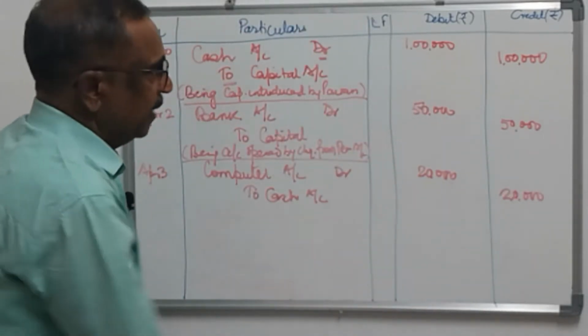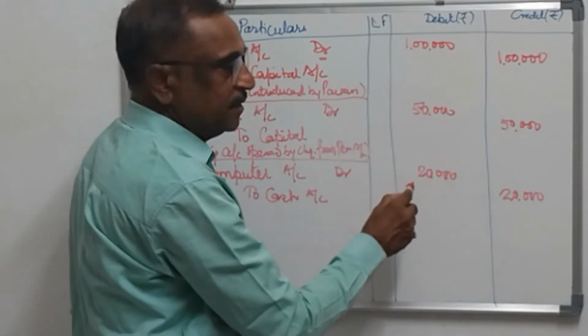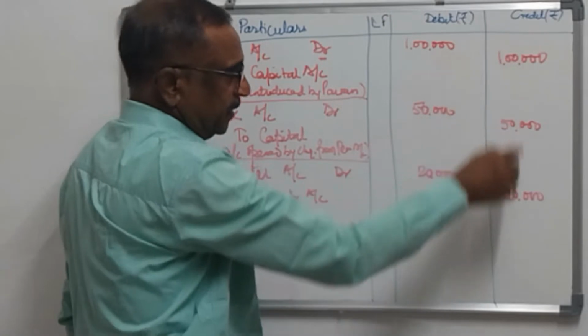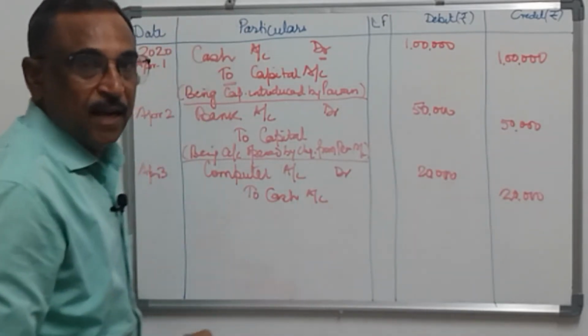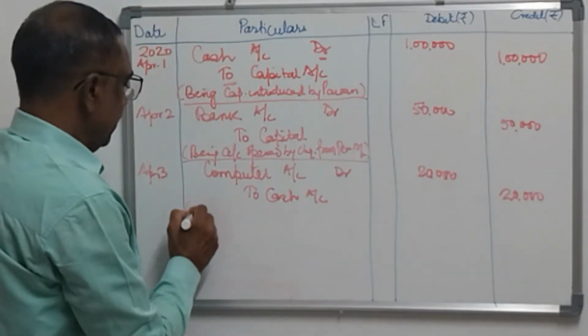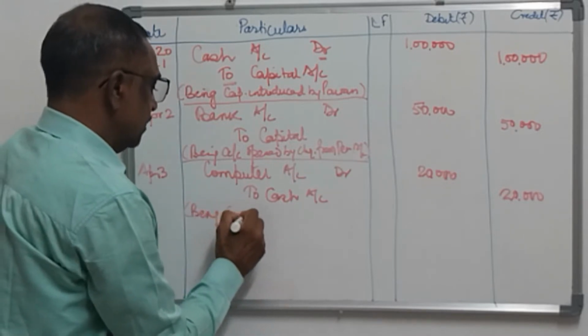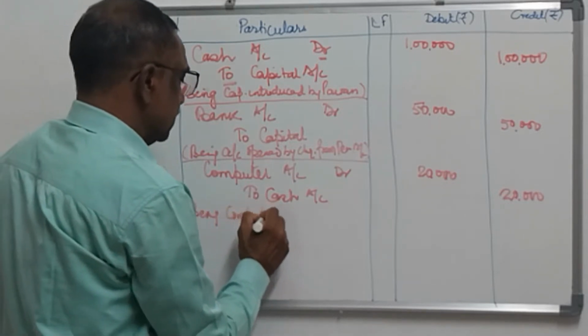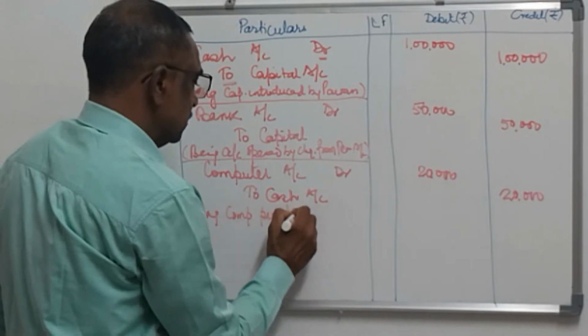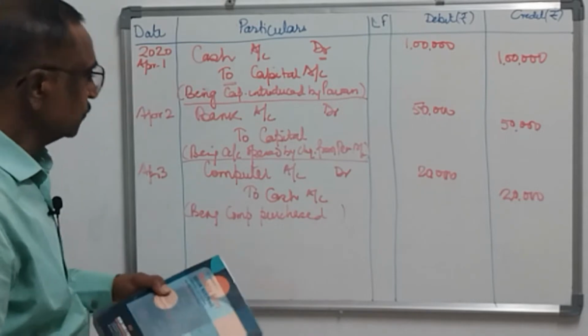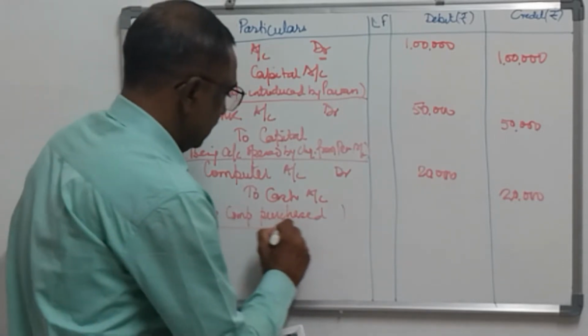Clear? Debit amount will be written against debit on the debit column, and credit amount will be written in credit column against the credit account. Being computer purchased. Okay, this is simple.